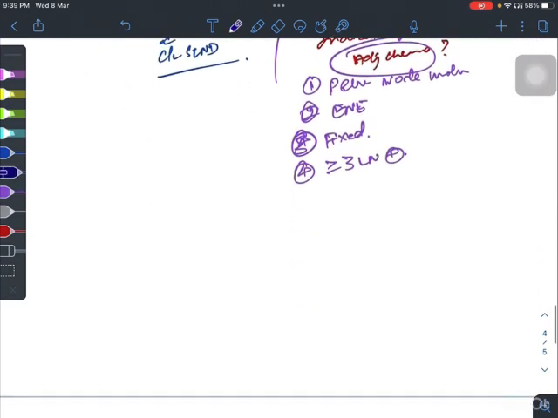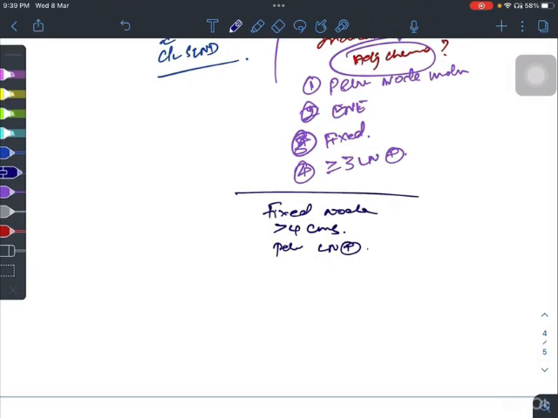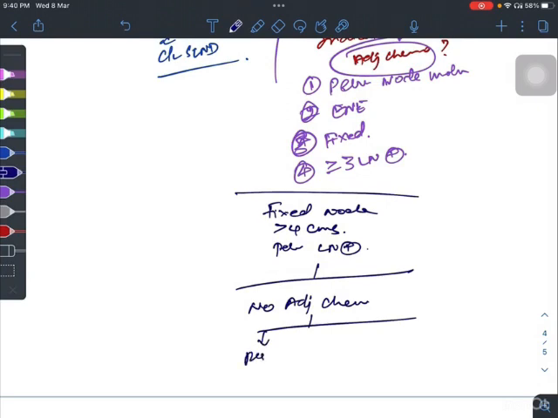So let's consider the other advanced scenario, like if it is a fixed node more than 4 centimeters and pelvic lymph node involvement. In this case, we will go for neoadjuvant chemo. If there is response, we will do surgery, that means lymph node resection.